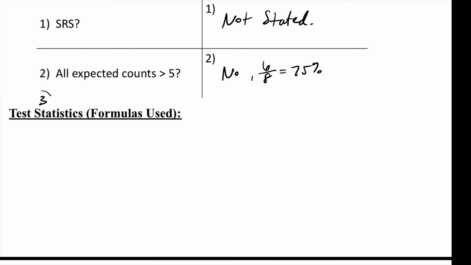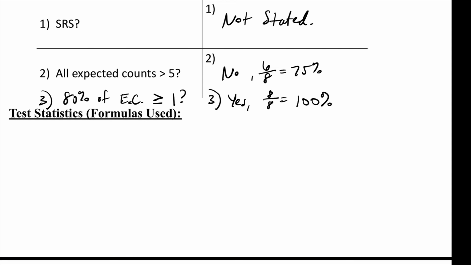Okay, so let's go to the third one. 80% of expected counts greater than or equal to 1. Well, they're all bigger than 1. So we would say yes. 8 out of 8 equals 100%.